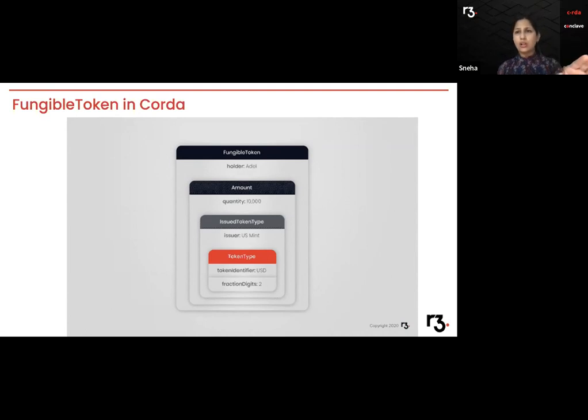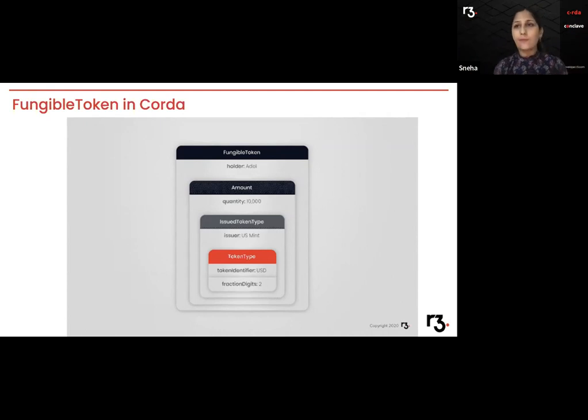So that's about it from a fungible token perspective. If you want to define a fungible token, you need to know who the issuer is, you need to know how many fungible tokens you want to issue, and then you need to know what kind of asset you want to define tokens on.